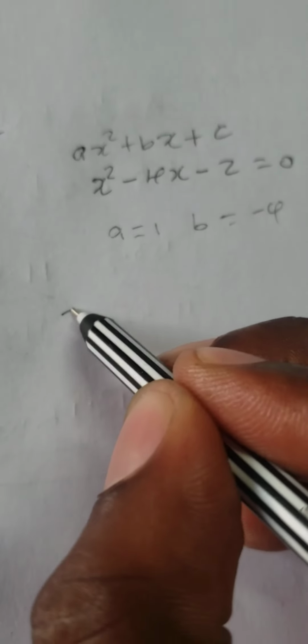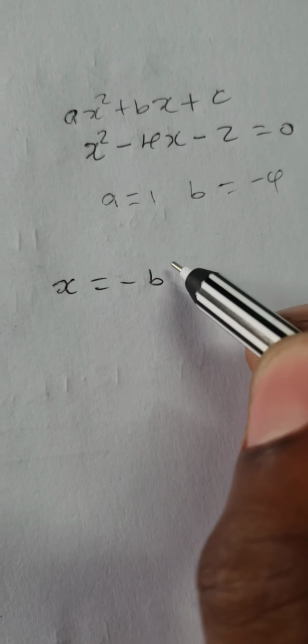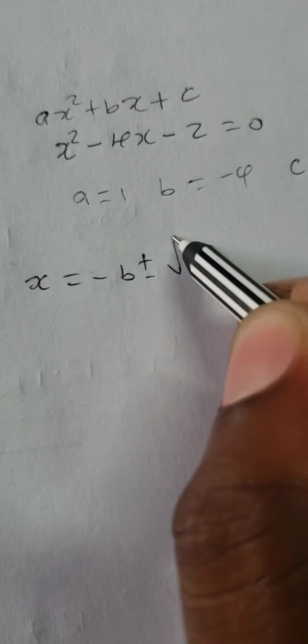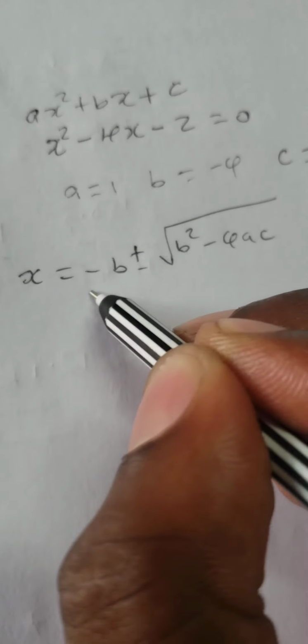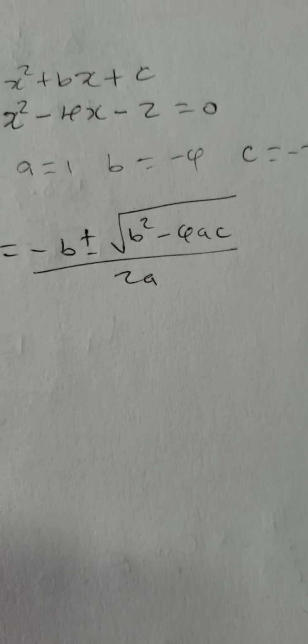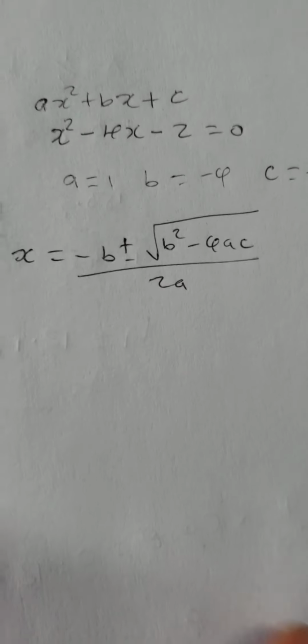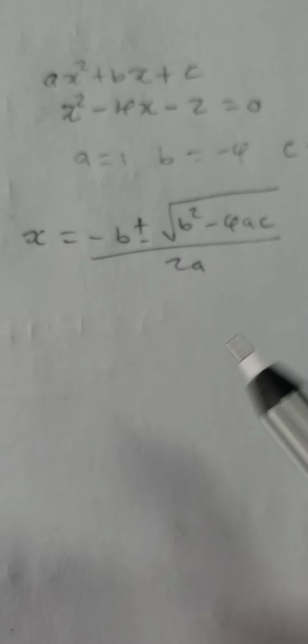So quickly, our quadratic formula: x is equal to negative b, positive or negative, square root b squared minus 4ac, over 2a. For Zambians, this quadratic formula is normally given at the back of the first page of your question paper, so you don't need to master it.